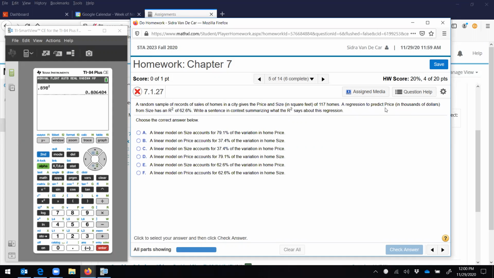And we're doing a prediction of price from size. So size explains about 62.6% of the variation in price.